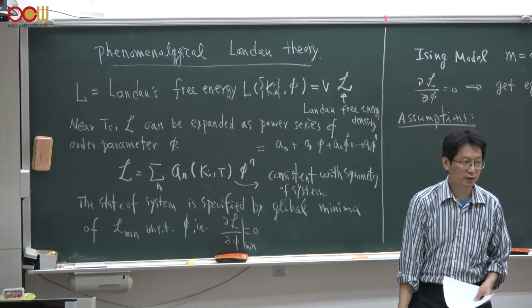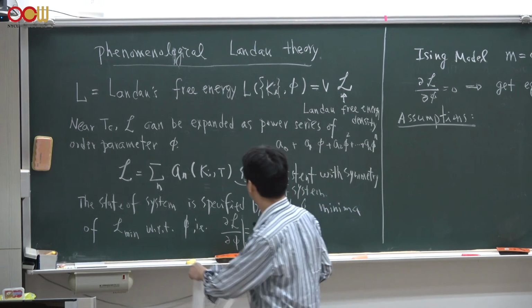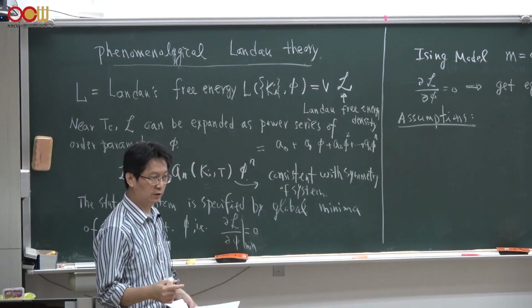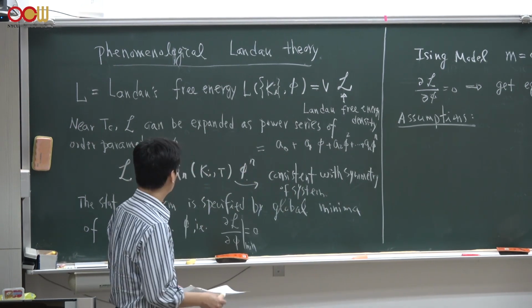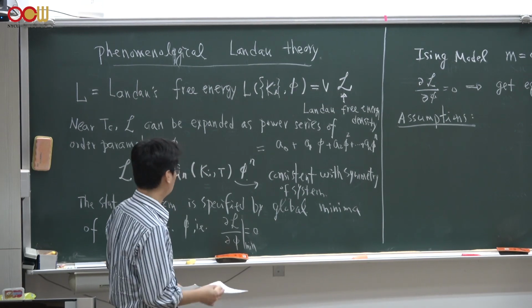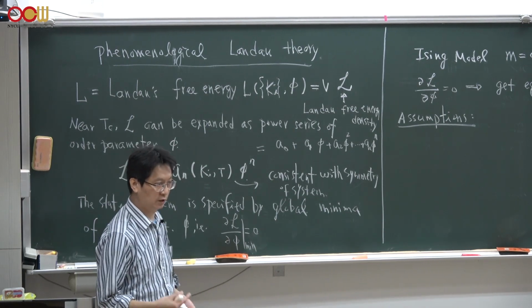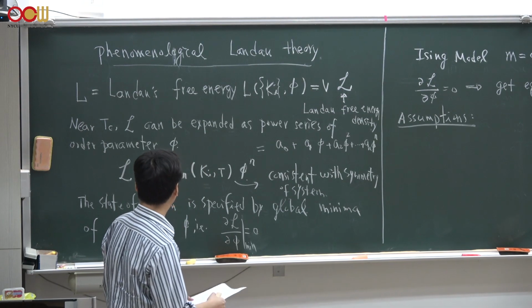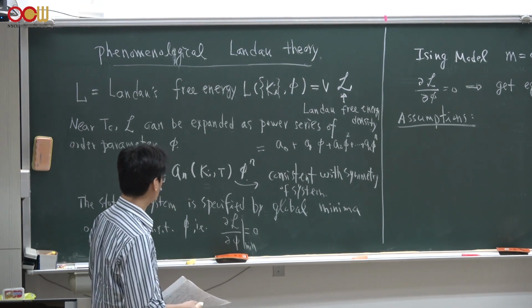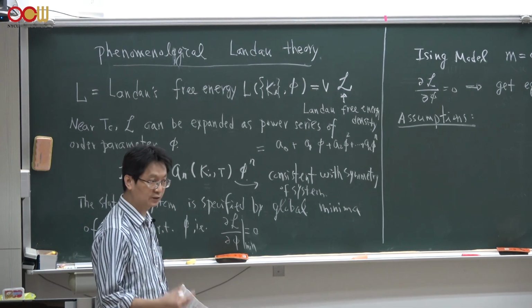Because near Tc, the order parameter is really tiny. So from our previous experience studying the Ising model, we know that we are able to do such an expansion near the transition in power series of the magnetization m.